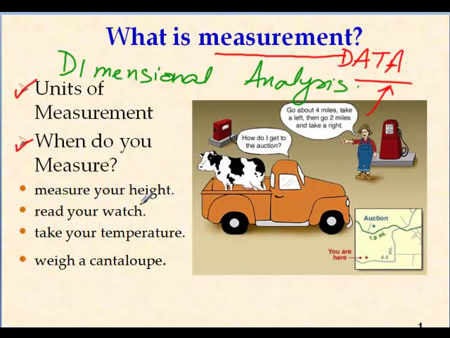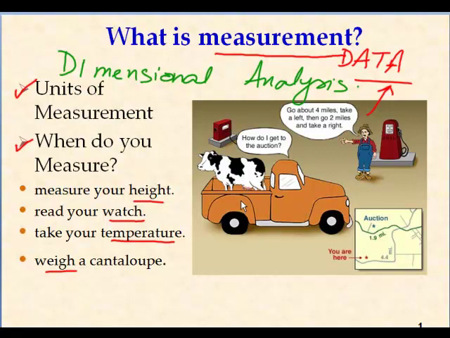However, we will focus on measuring height, finding time, temperature of an object, and the weight of an object. So we're looking at these different properties only within this chapter.